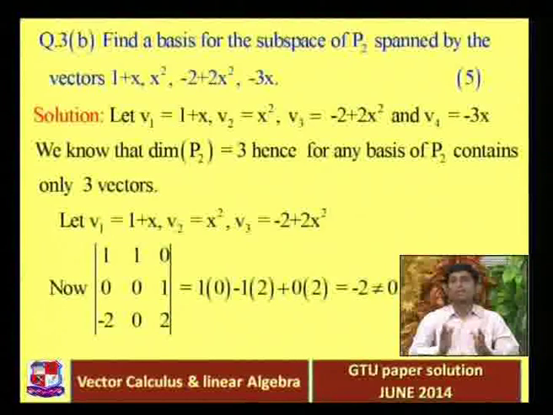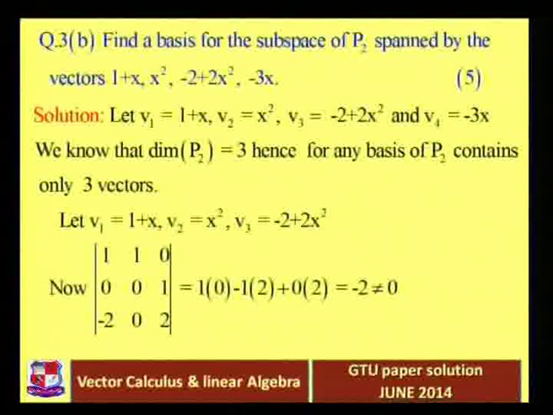We don't need to prove that the span of those vectors is the given set V. Basically the definition of a basis is that B is a basis for a vector space V if the first condition is B is linearly independent, and the second condition is the span of B is equal to V, right? But if we already know the dimension of the vector space and we have exactly that number of linearly independent vectors of that set, then we can directly say that those vectors are exactly the basis vectors.